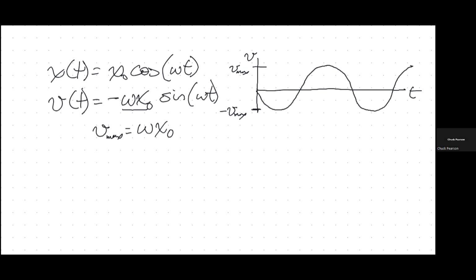And we can repeat that taking of the derivative with v of t to get a of t. A negative omega is going to pop out. You can do the same exact chain rule work again to see how that omega is going to pop out again, give us omega squared up here. And then the derivative of the sine is the cosine.